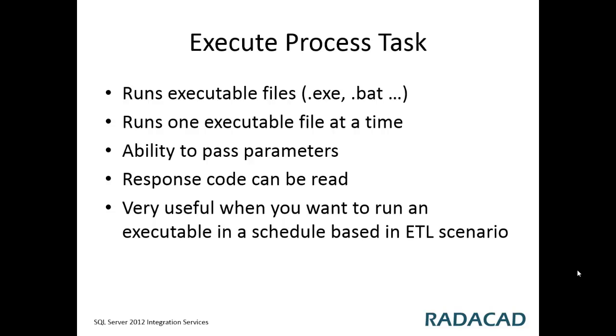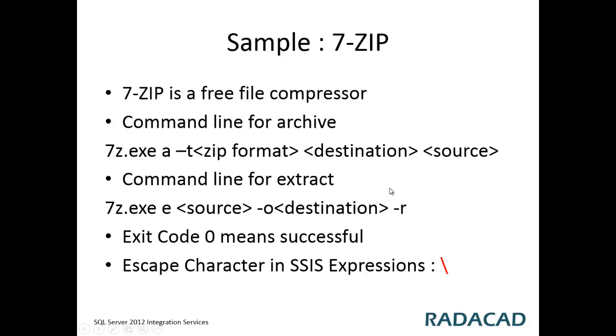And this task is very useful when you want to run an executable in the middle of your ETL scenario on a scheduled basis or something like that. As a sample, for this case, I use a compressor named 7-zip. 7-zip is a free file compressor, and I want to use that for archiving files and extracting files.